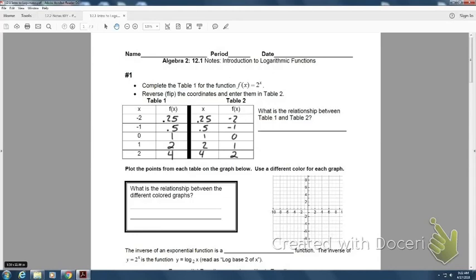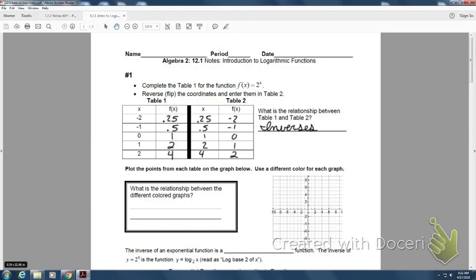Okay, and like I was already saying, the relationship between those two tables is that they are inverses of each other. Alright, so next, come down here and let's graph these two.